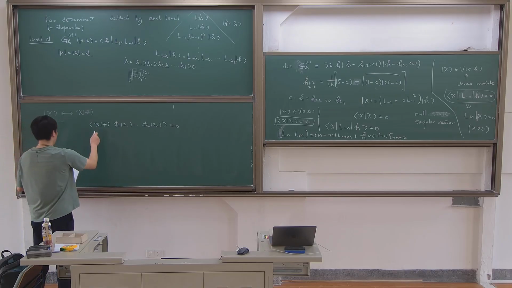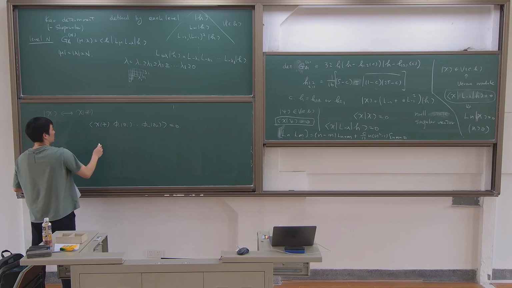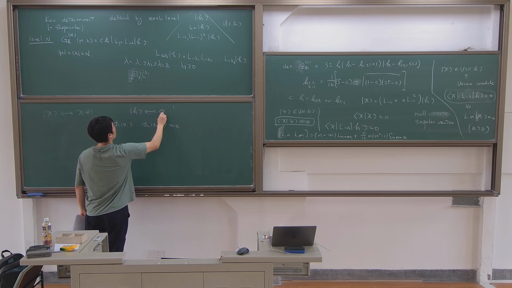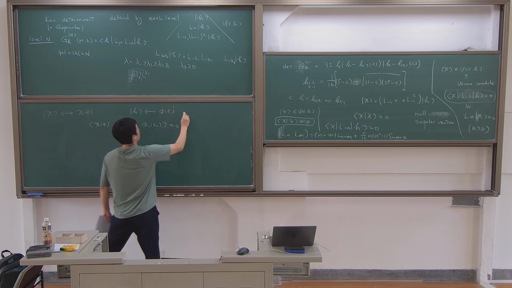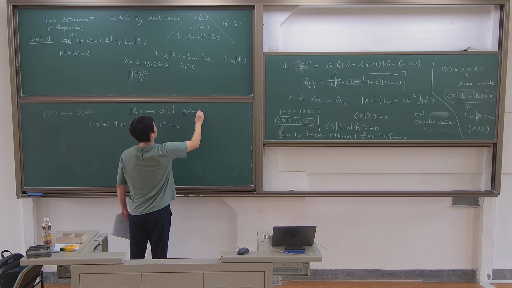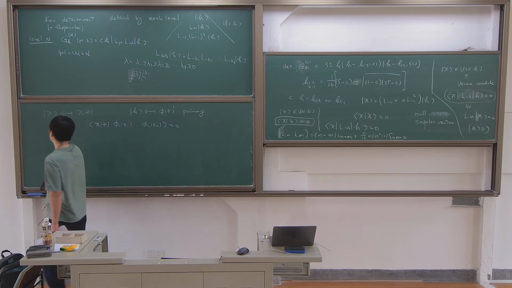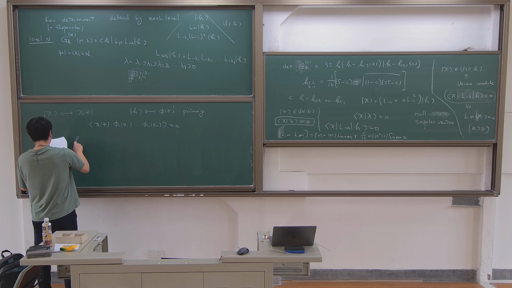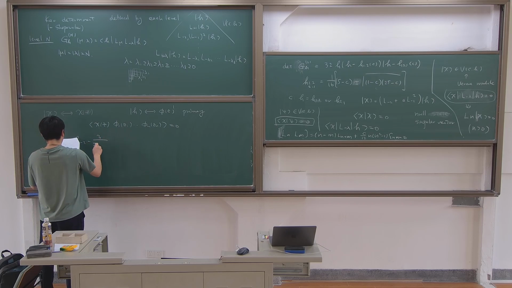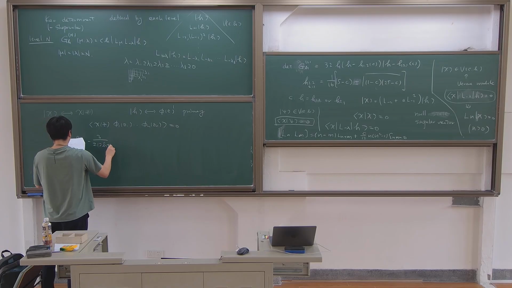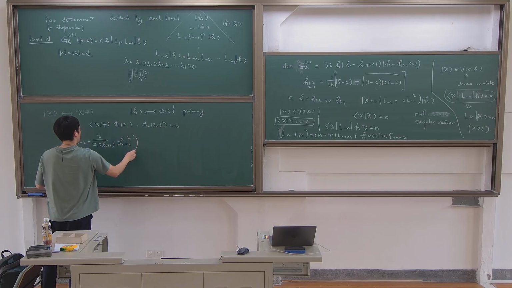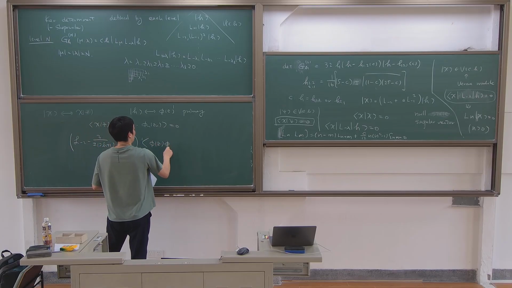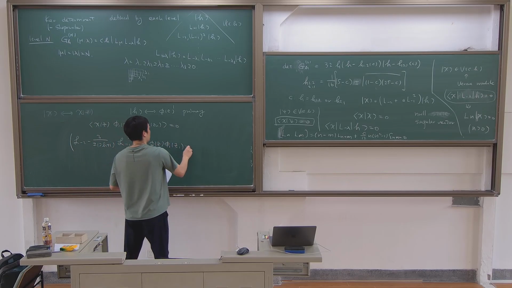But this one is indeed equal to, let's consider h corresponding to some primary field phi of z. So this is a primary field. This one can be understood as following the differential equation acting on phi of z, phi 1.